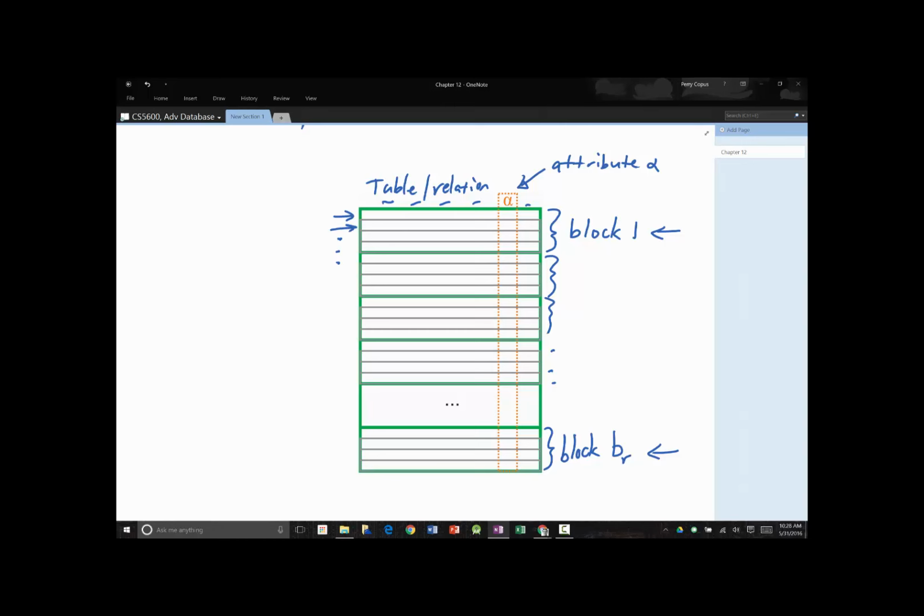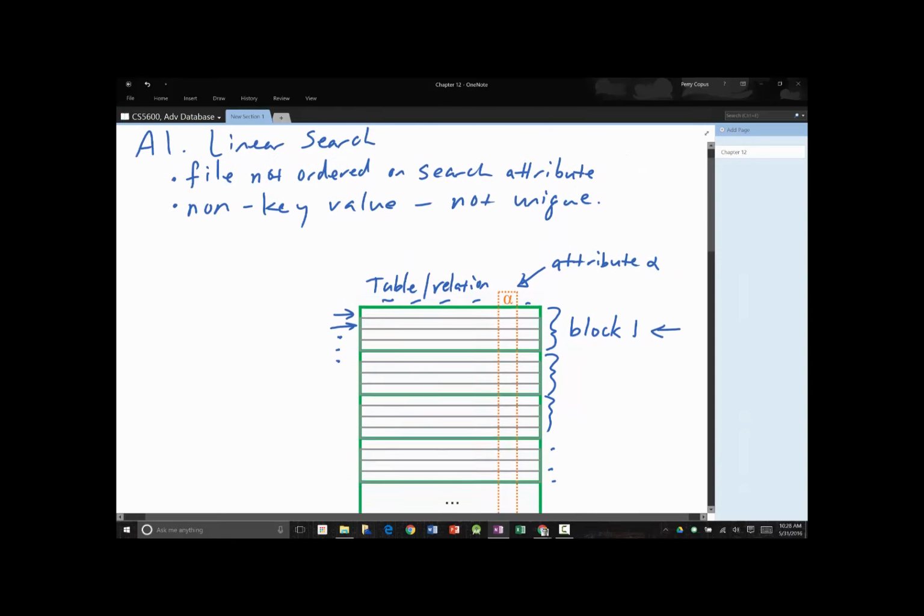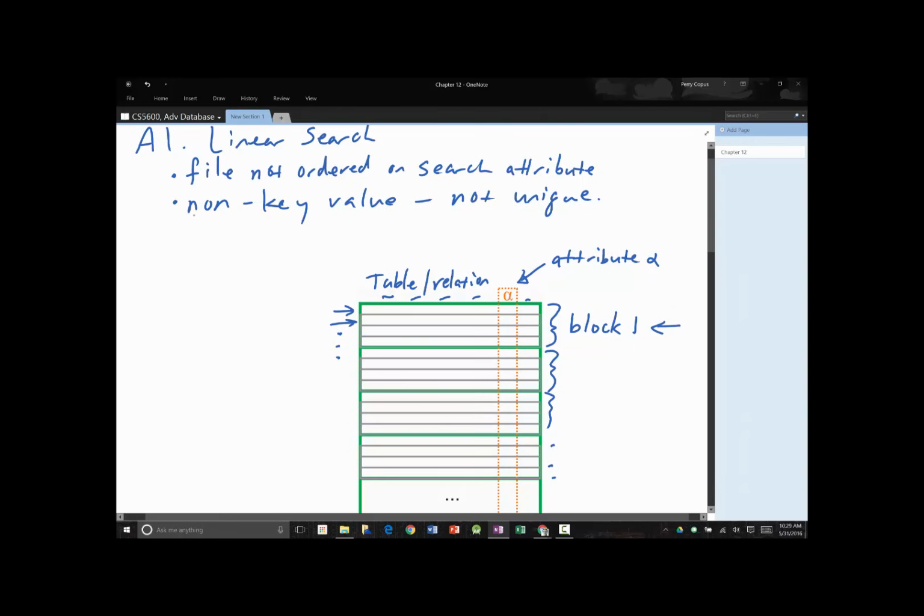So since we've said that we're not searching on a key value, non-key value, therefore they are not unique. If we want to do a selection, here's a selection on the table where alpha is equal to, let's say, x.